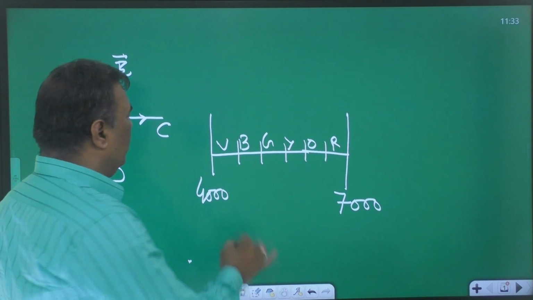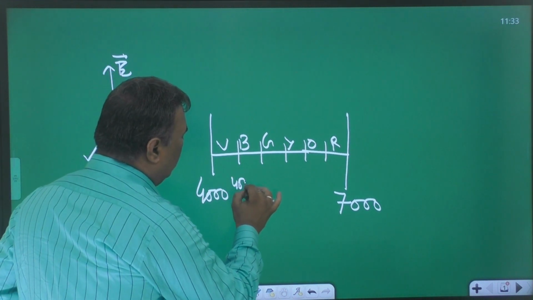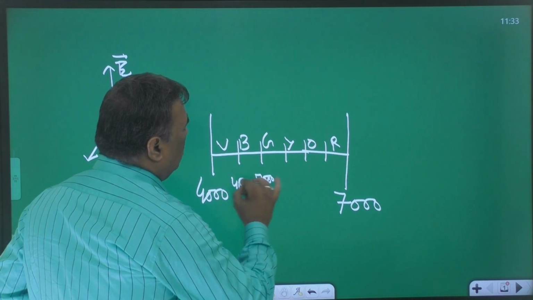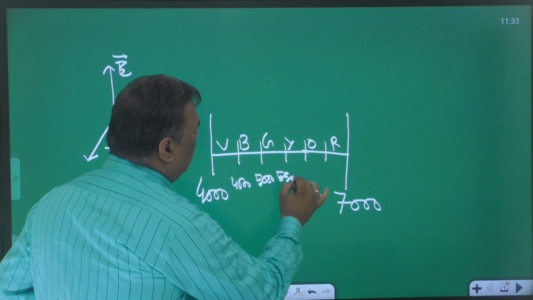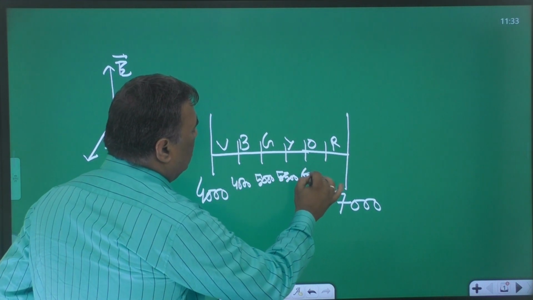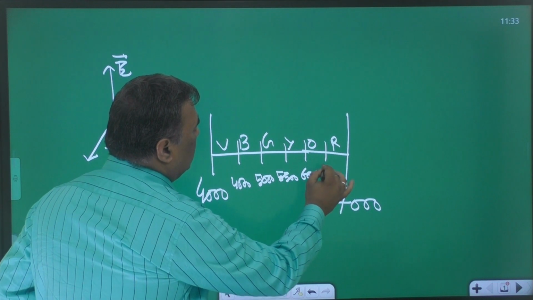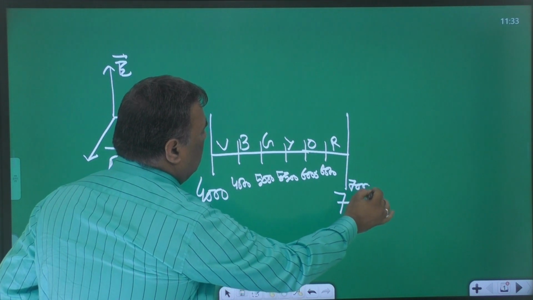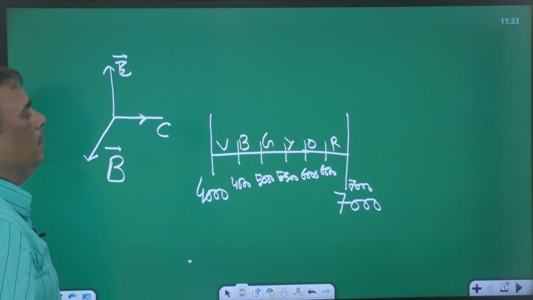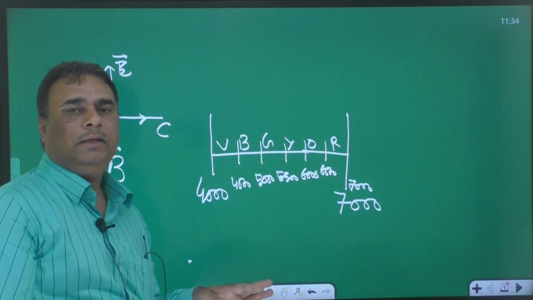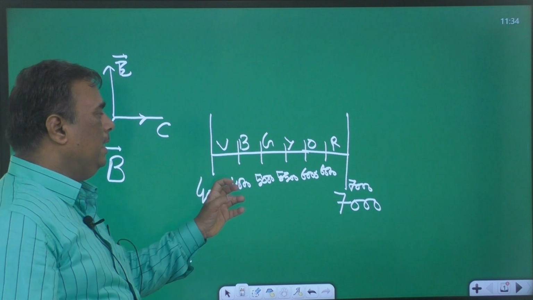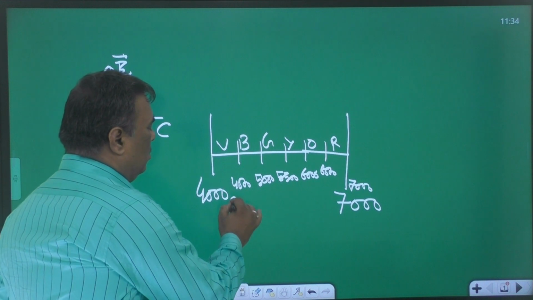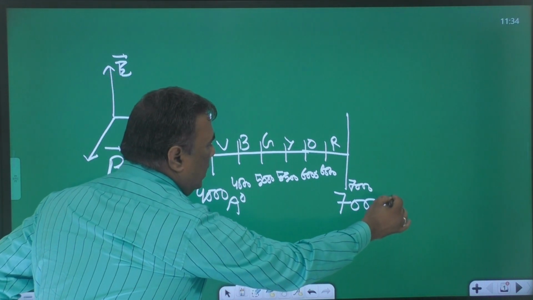You can learn it this way: 4000, 4500, 5000, 5500, 6000, 6500 and 7000. Is it clear? In a spectrum, light exists between 4000 angstrom to 5000 angstrom.